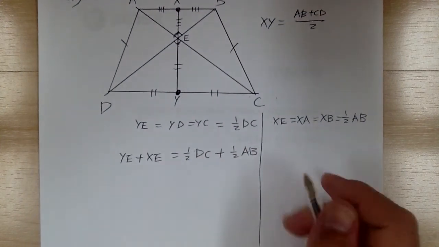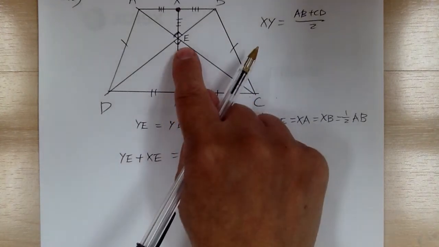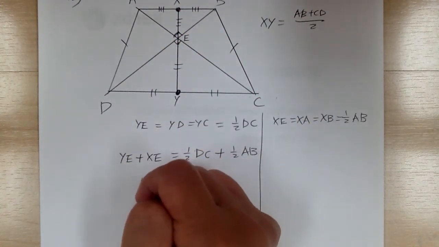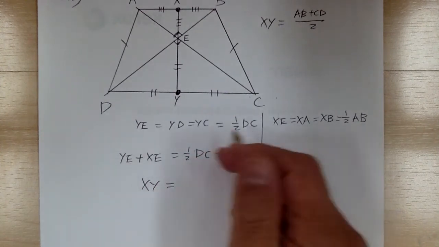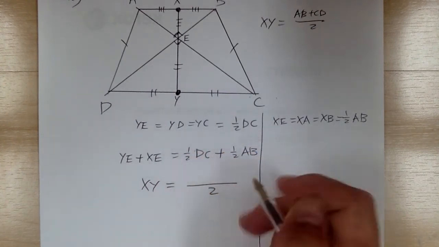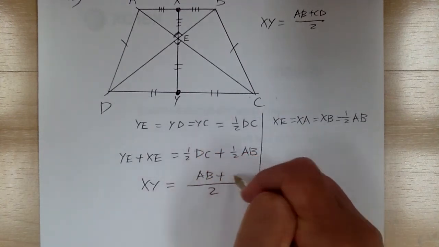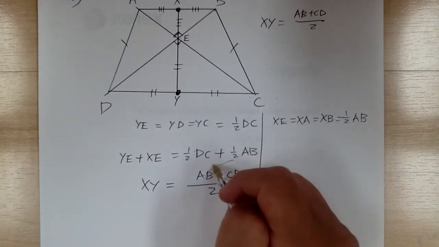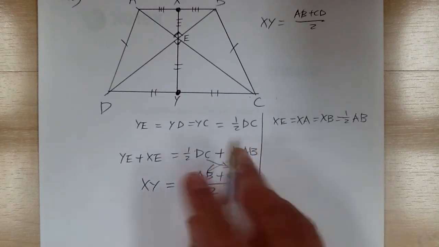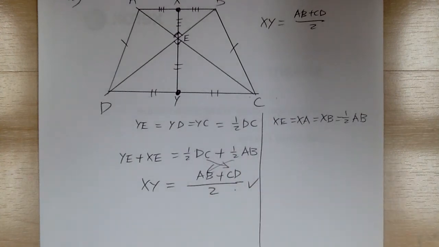And so now you arrange things a little bit. YE plus XE equals XY. And you can factor out the half, so put it underneath. And on top, you rearrange, so you get AB plus CD. So put this term over here, put this term over here, and switch the letters. Okay, and that's it. That's all you need to prove for this one.